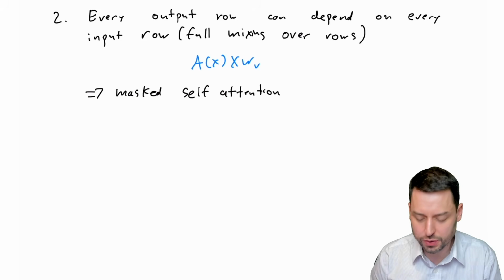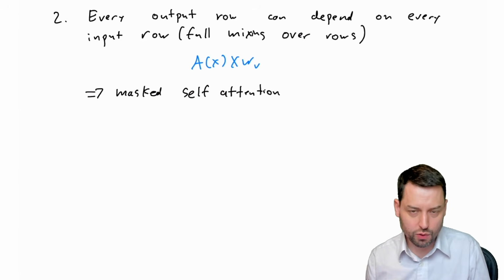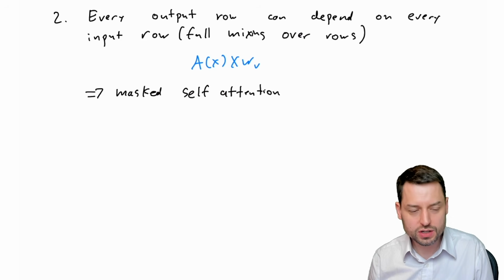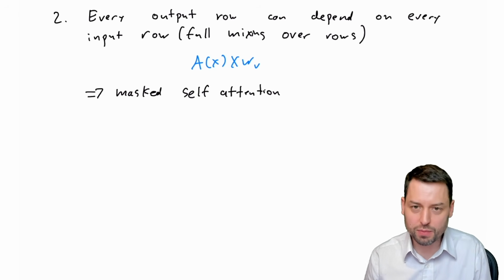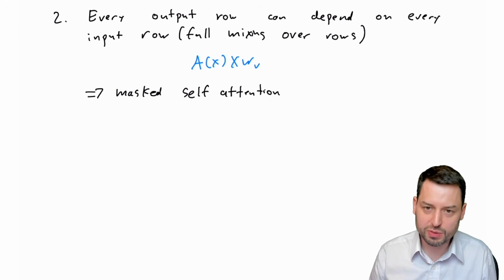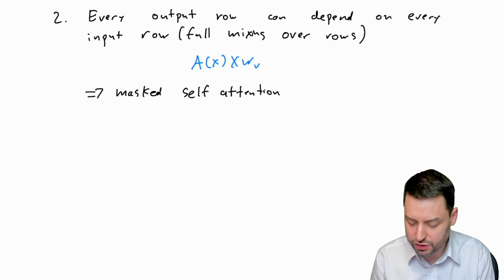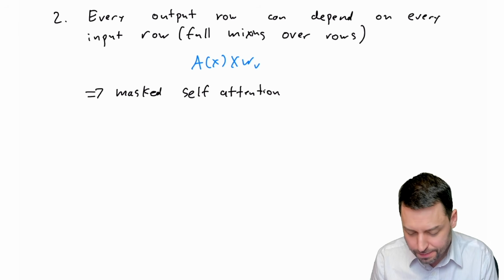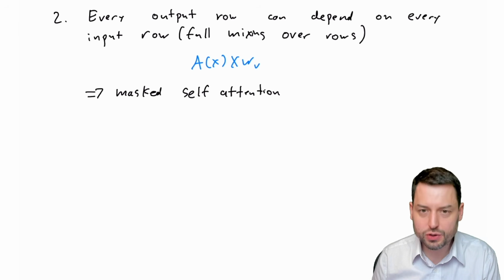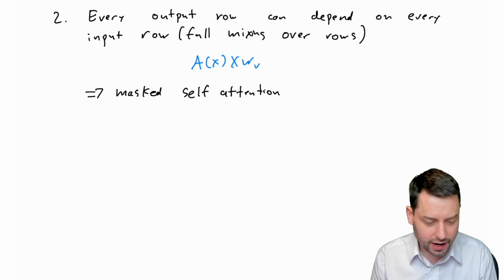And then also this notion that every output depends on every row in the input, which, while maybe desirable in general, is not desirable in the specific case of a language model, and so this also has to be fixed using masking techniques. Okay, so those are the two properties of self-attention that I want to highlight here.